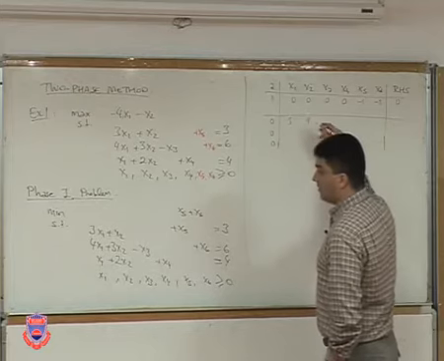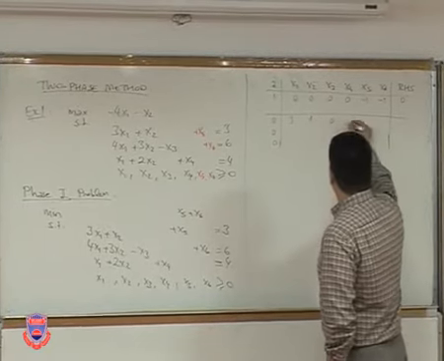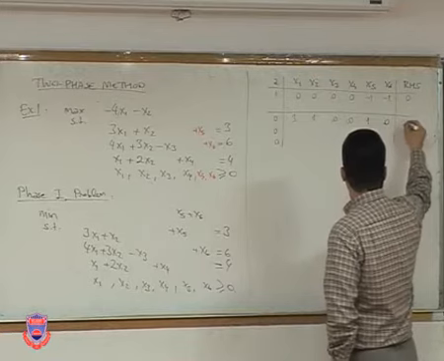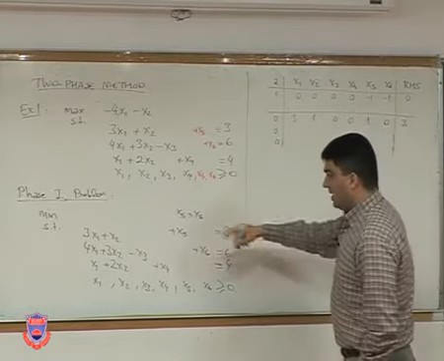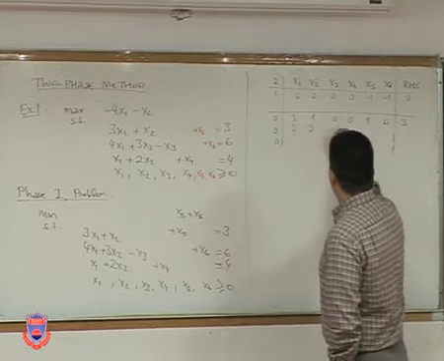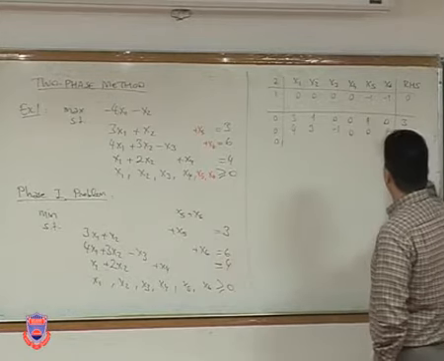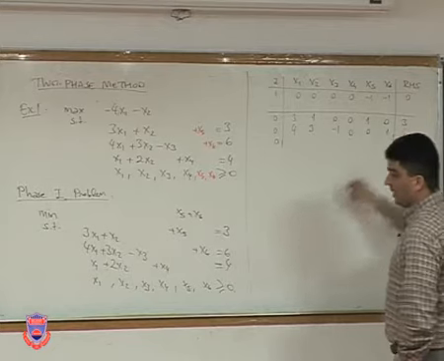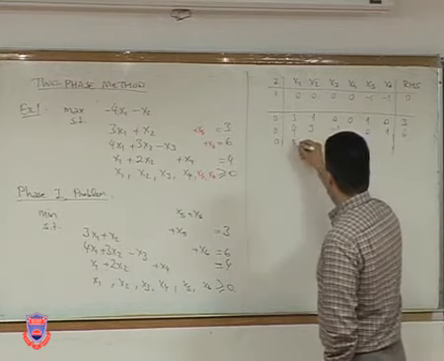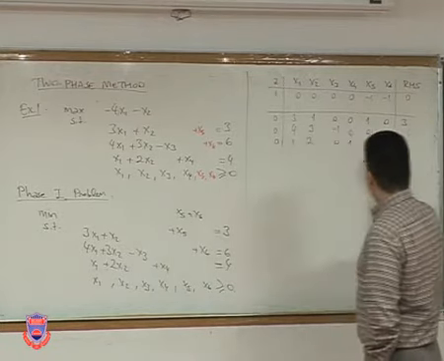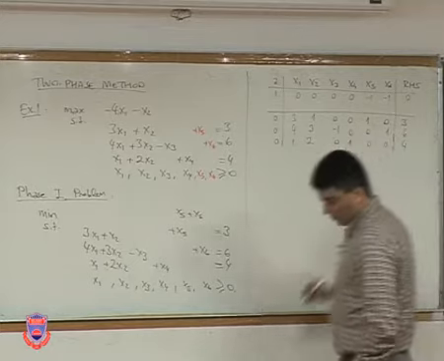I have 3, 1, 0, 0, 1, 0, right-hand side is 3. Then I have 4, 3, minus 1, 0, 0, 1, and the right-hand side value is 6. And finally, I have 1, 2, 0, 1, 0, 0, right-hand side value is 4.